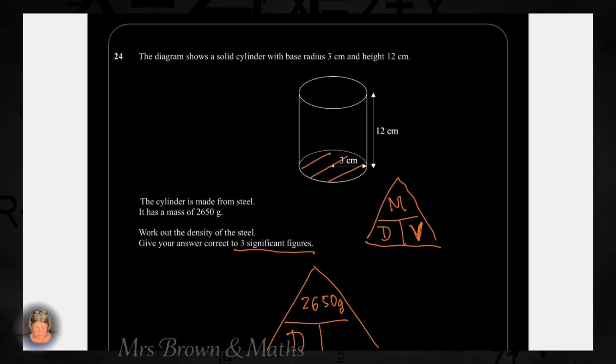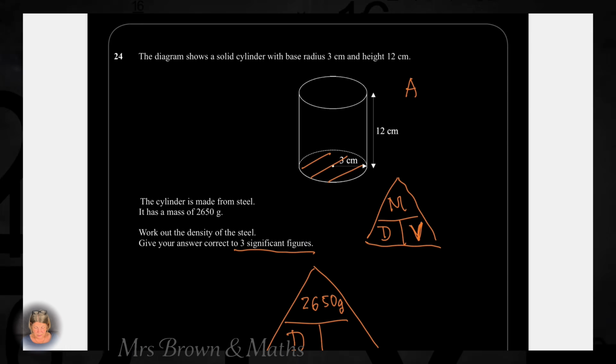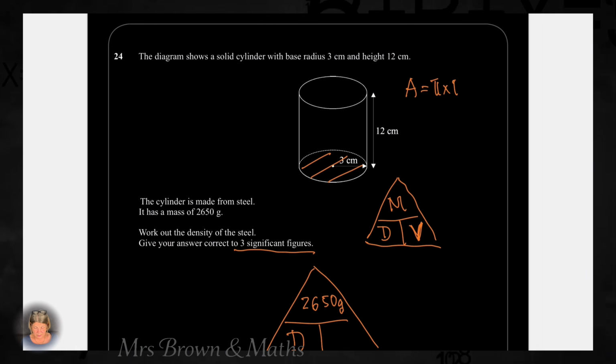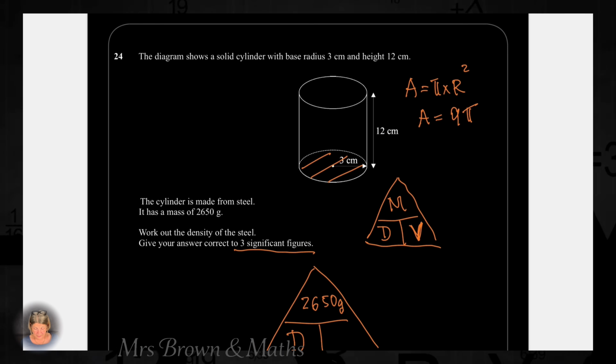Okay, so area of a circle is pi times radius squared, right? And it will be 3 squared, so area is 9 pi, right, and times 12.